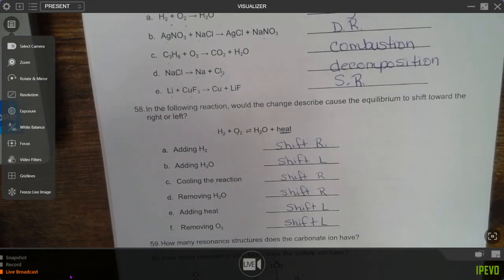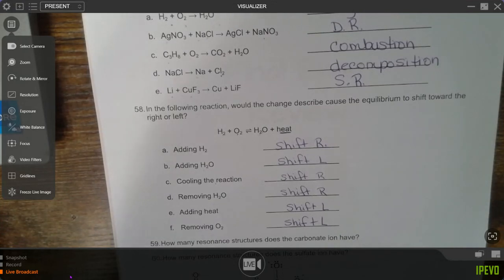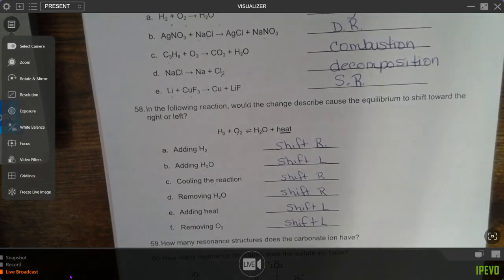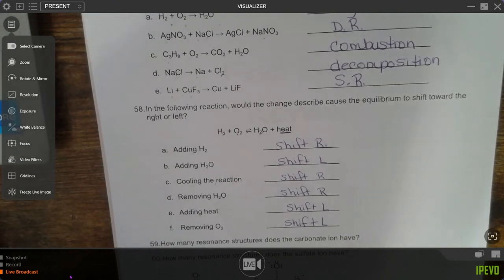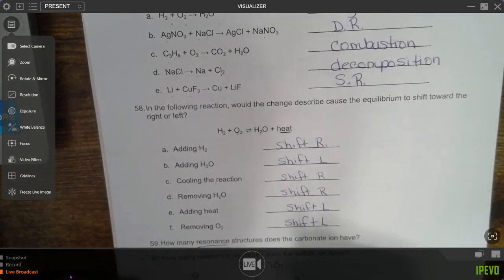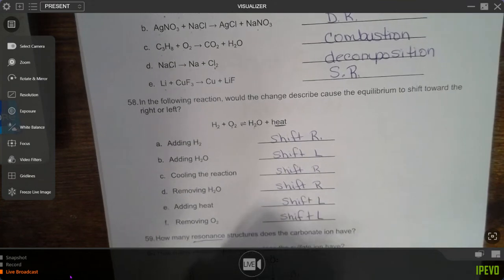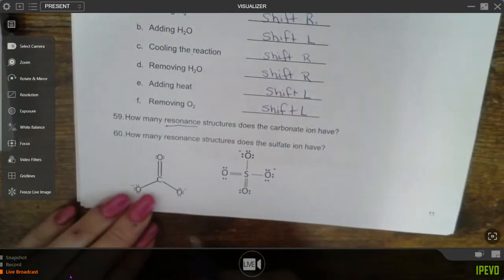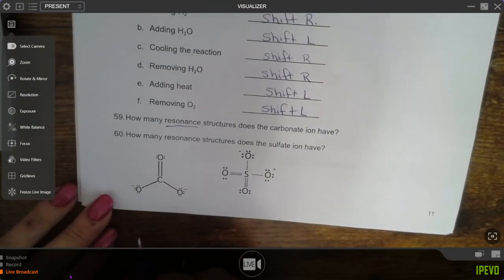And this is a question where we did not talk about resonance structures because they're very complicated. Here's what you should know for these questions. The number of resonance structures: basically it means these bonds, you can't see them, I guess I should slide them up here, these bonds can switch places.